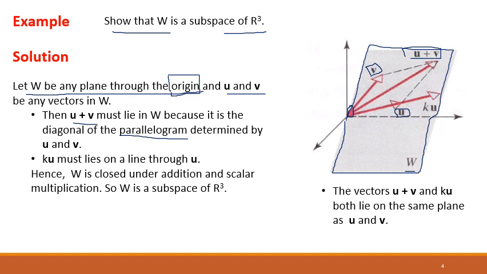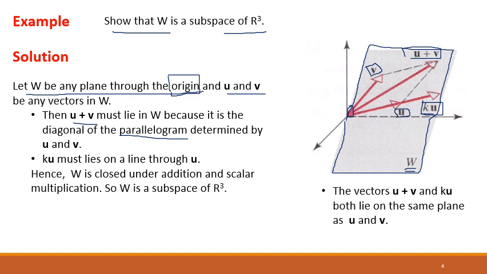Let's suppose k is a scalar and we multiply u with the scalar k. The resultant vector would be ku, and this vector is also lying in subspace W. This means it is closed under scalar multiplication.